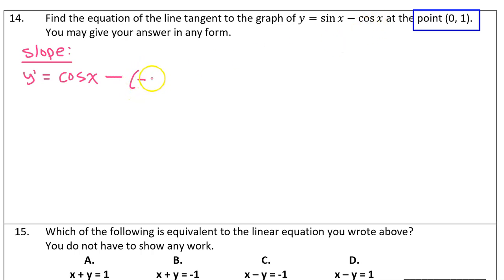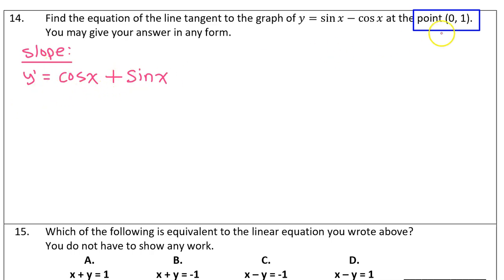I'm going to put this temporarily, negative sine x. But of course, minus a negative is a positive. So really, we're going to put plus sine x. So this is y prime.